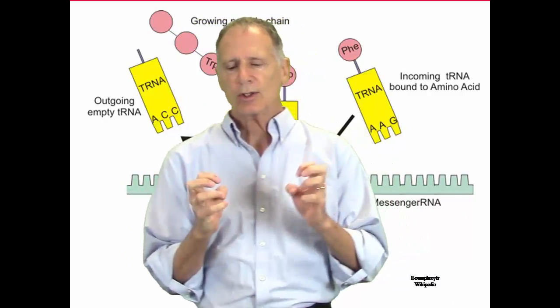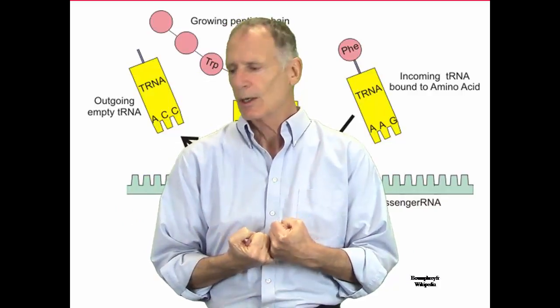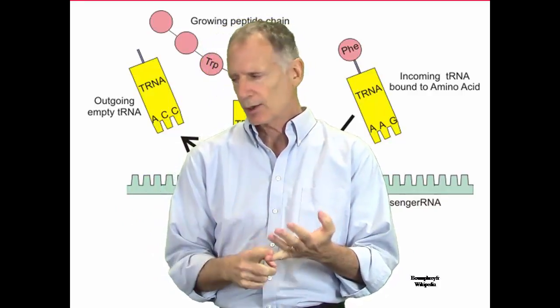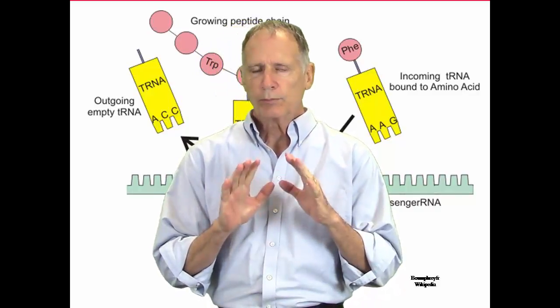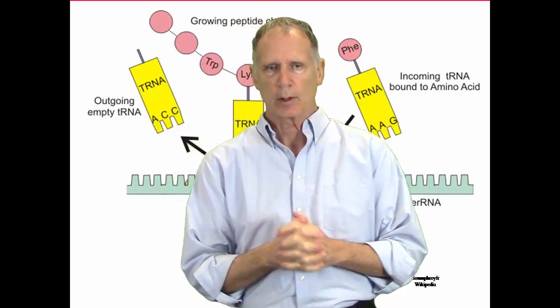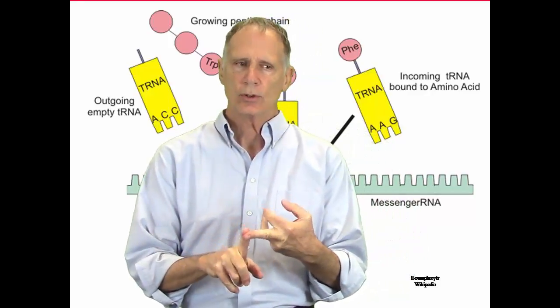So really this is the whole process going on out there in the cell to create proteins. So we have now, through transcription and translation, the whole process of what we call the central dogma, which is you start out with DNA, which goes to RNA, which goes to proteins.